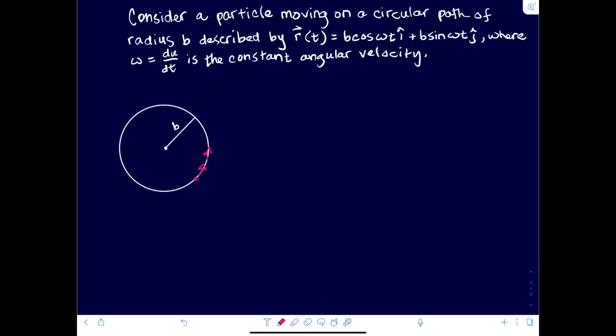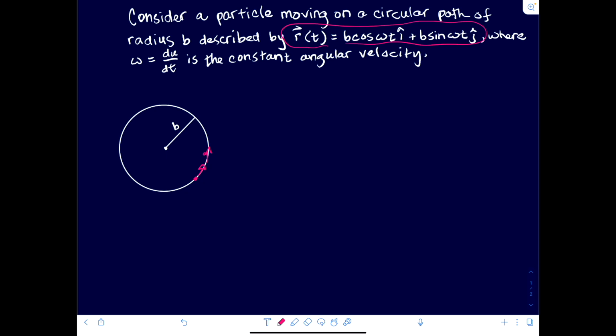b is the radius of the circle, and the circular path is described by using the vector r at t is equal to b times cosine omega t times i plus b times sine omega t times j. So this is the path of our particle right here.